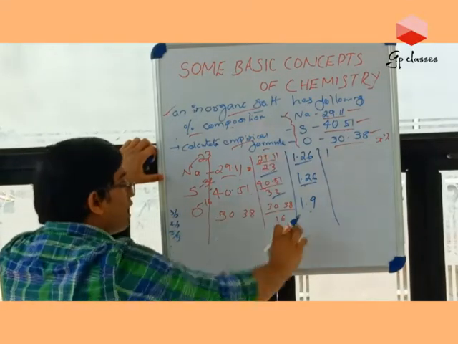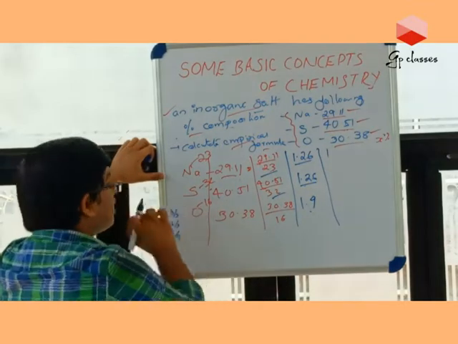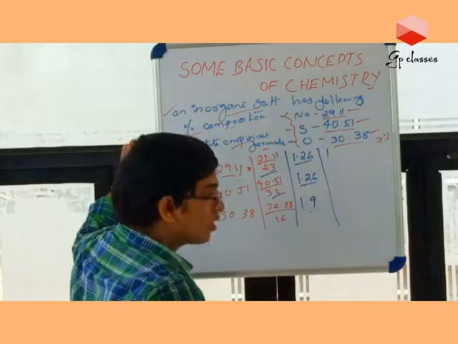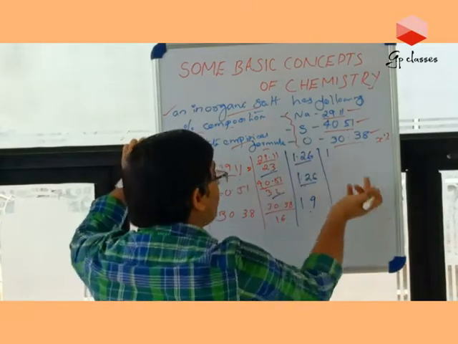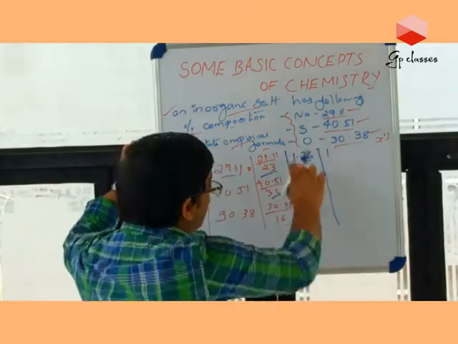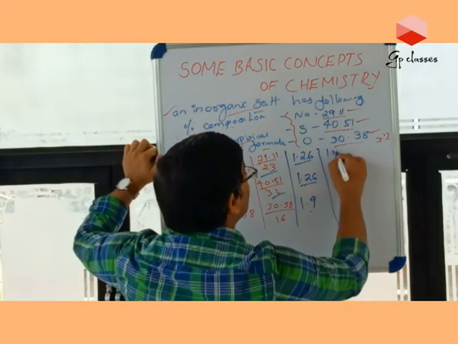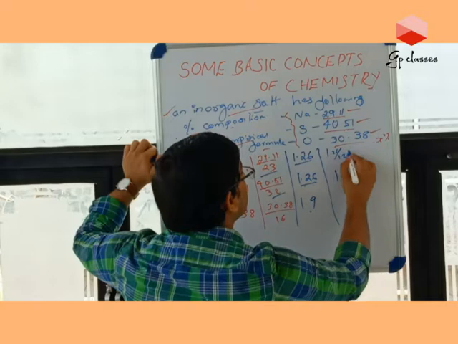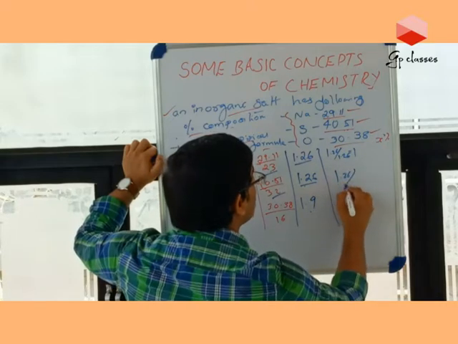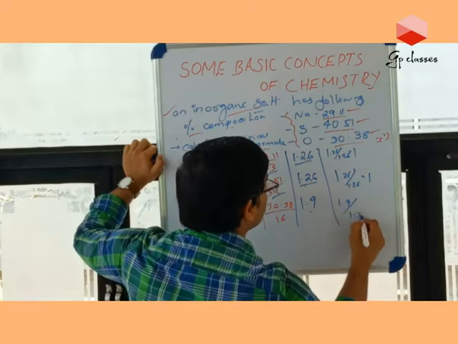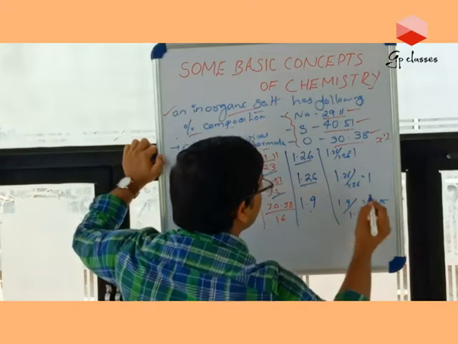You are dividing the rest by the one which is least. So here it is 1.26, and we divide by 1.26 because that is the least one among them. So you will get 1 here, and 1.26 by 1.26 is again 1. Then 1.9 divided by 1.26 is nearly 1.5.